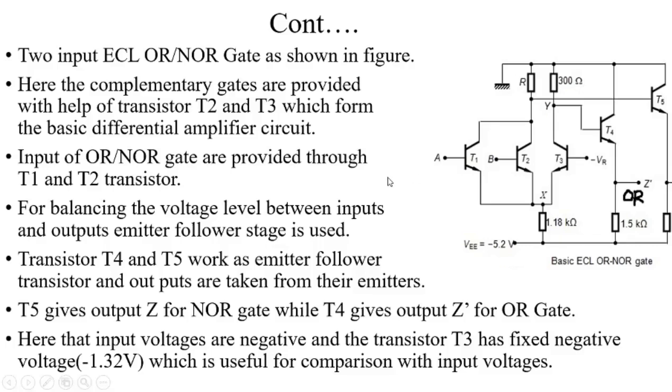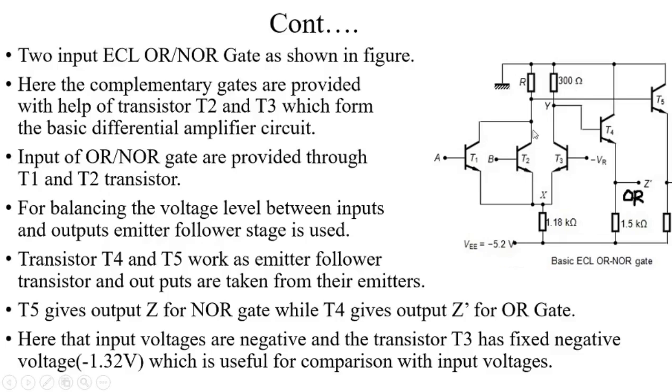Okay, and the next point, inputs of the OR NOR gate are provided through T1 and T2 transistors. It means that in this two input ECL OR NOR gate, the inputs are given to the base terminals of the T1 and T2 transistors. Okay, and the next point, for balancing the voltage level between inputs and outputs, an emitter follower stage is used. So this is the emitter coupled circuit.